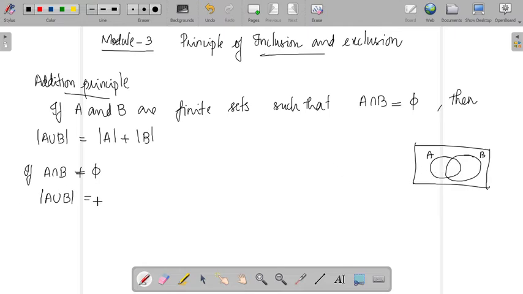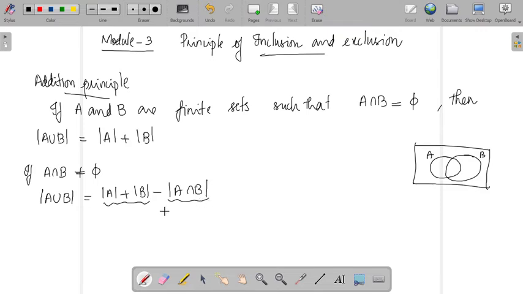So the cardinality of A union B will be cardinality of A plus cardinality of B minus cardinality of A intersection B. So the value of A union B is given by including cardinality of A and cardinality of B, and cardinality of A intersection B is excluded from this.